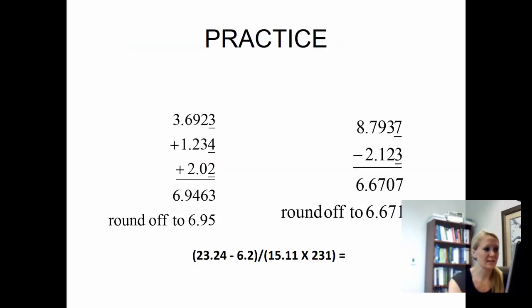Alright, so here's some practice problems. We're going to do these top two here first. We have 3 numbers here. This one's addition instead of subtraction. So if I look at my screen here, 1, 2, 3, 4. So I have 4 decimal places here.